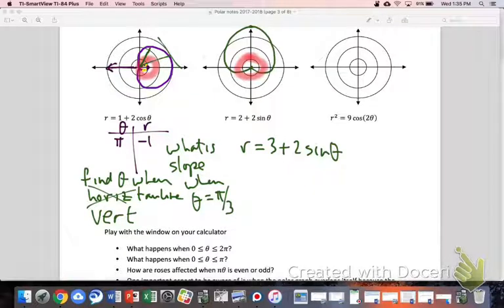The looped limacon has a loop. Then in the cardioid, the loop has disappeared, but there's still a sharp point. And then in the dimpled limacon, the sharp point is smoothing out a little. Kind of silly, but whatever. And of course, if you just had 2 sine theta, I think it's just a circle.